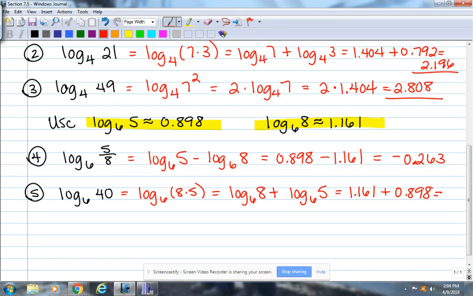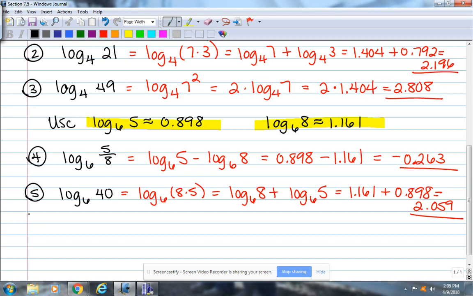So y'all can tell me what I get there. 2.059. Yes. Questions there?